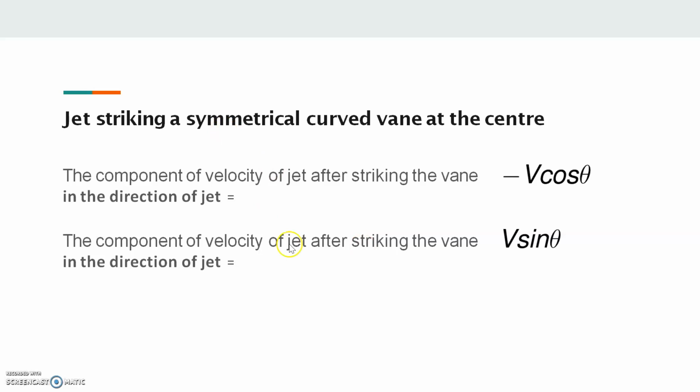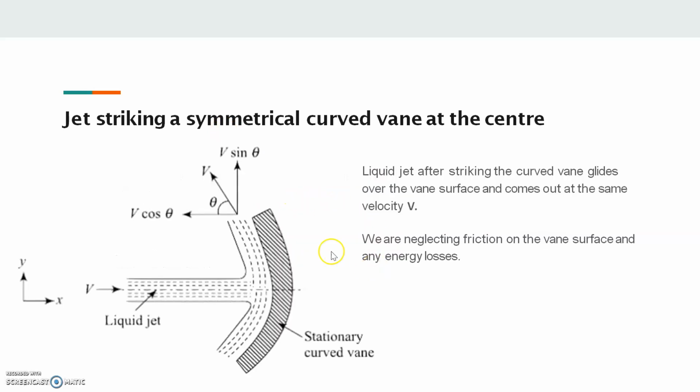In this case, the component of velocity of the jet after striking the vane in the direction of the jet will be minus v cos theta. This is the approaching jet with the velocity v. Once it strikes at the center of the vane, it gets deflected, right? And as it gets deflected, the outlet velocity v has to be the same as the inlet velocity v.